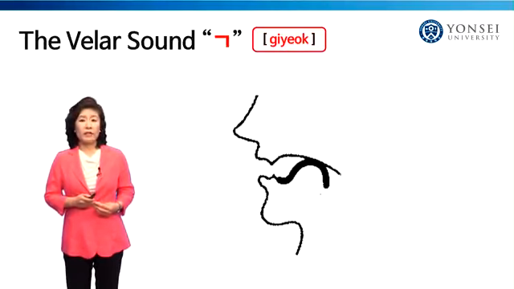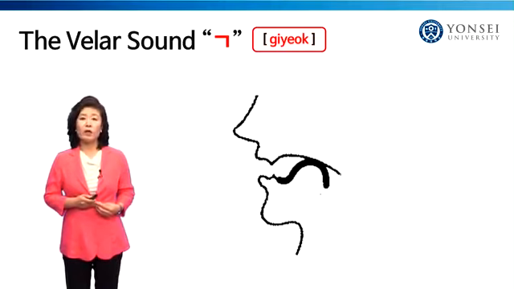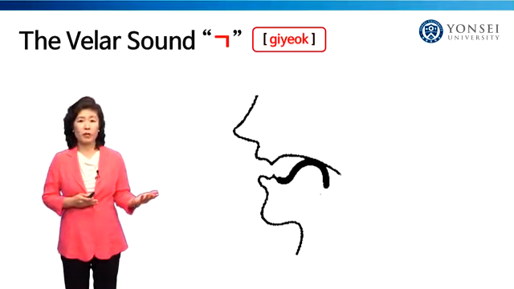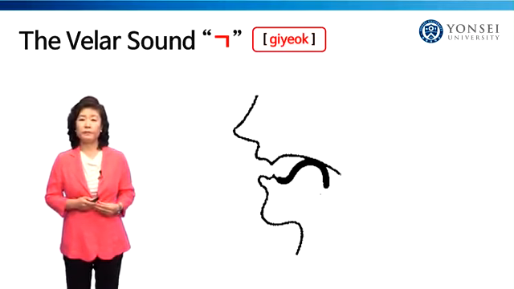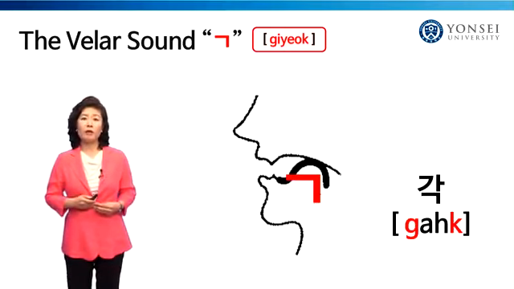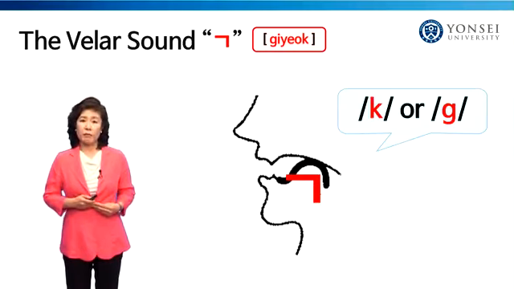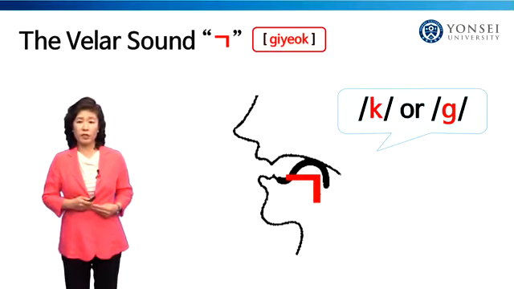The velar sound kiok is the shape of a tongue that blocks the windpipe, and the sound is made when the rear part of the tongue touches the soft palate, also known as the velum. This sound has the shape when you pronounce the final consonant kiok in kak. However, when pronounced as the initial sound, it is pronounced soft k or g.